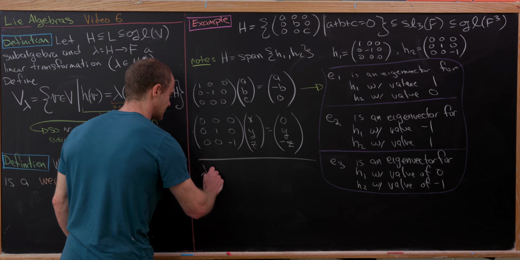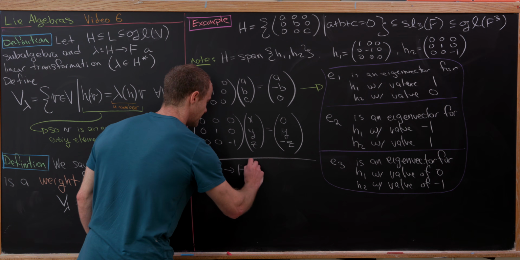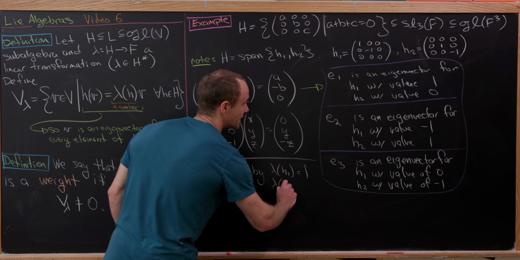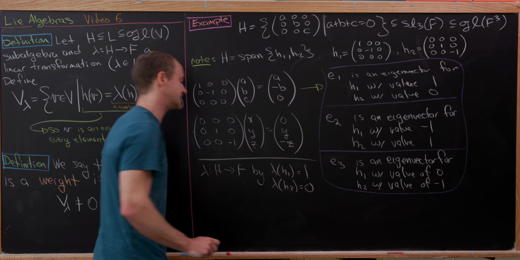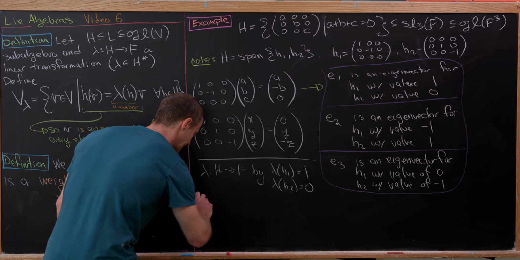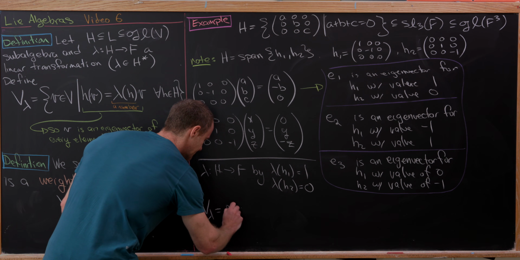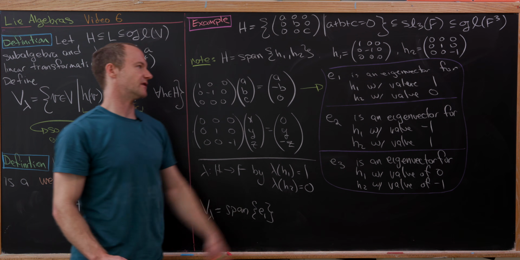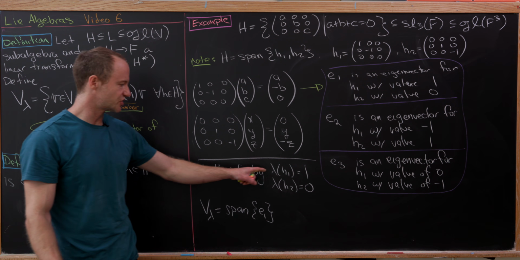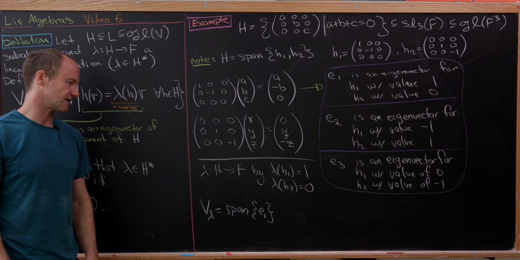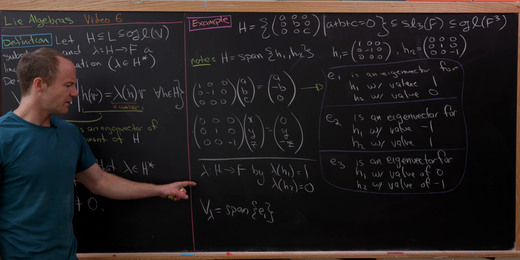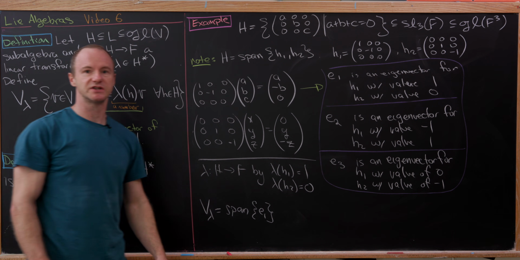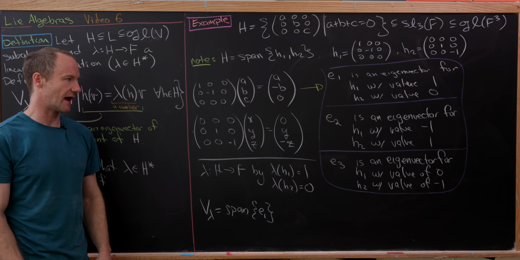So let's define lambda from H to F by lambda of H1 is equal to 1 and lambda of H2 is equal to 0. In that case, we have V sub lambda is equal to the span of the vector E1, based off of this eigenvector-eigenvalue relationship along with the way that we defined lambda. We could call this lambda 1 if we wanted to, and then you could define a corresponding lambda 2 and lambda 3 based on that.